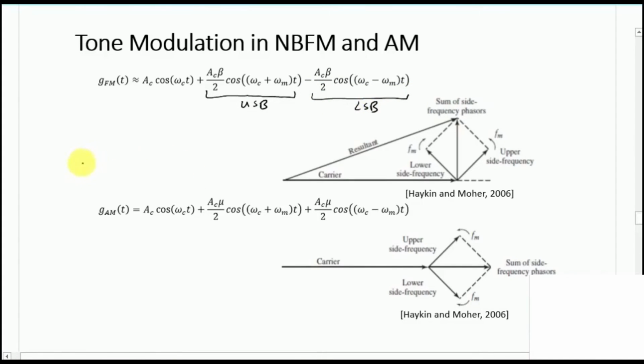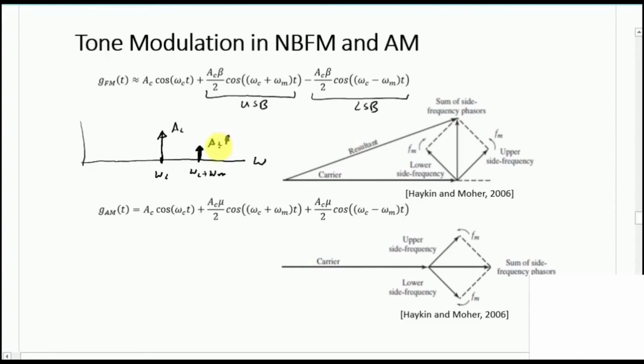So if we plot the line spectrum in terms of omega, we would have omega c, which has an amplitude of AC, and then we would have omega c plus omega m.